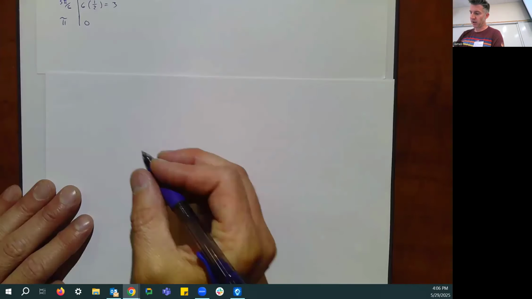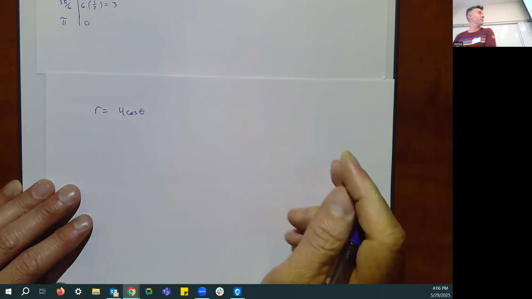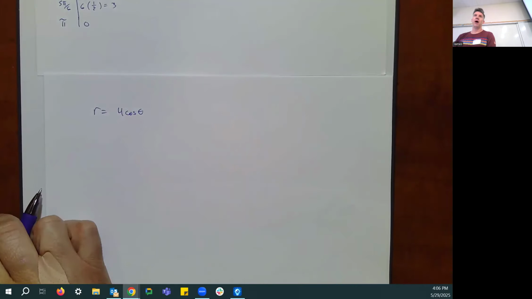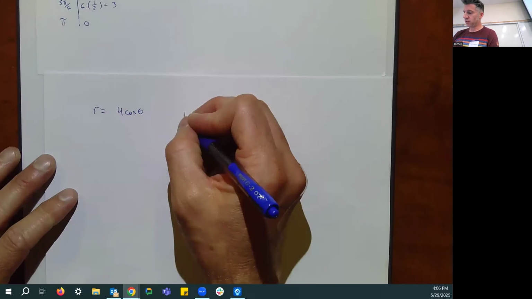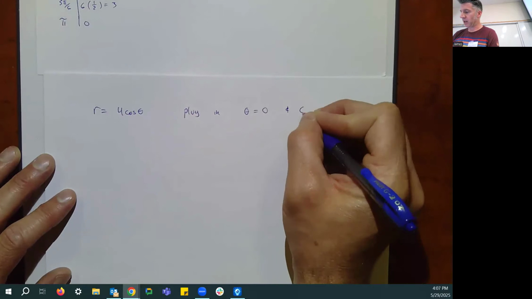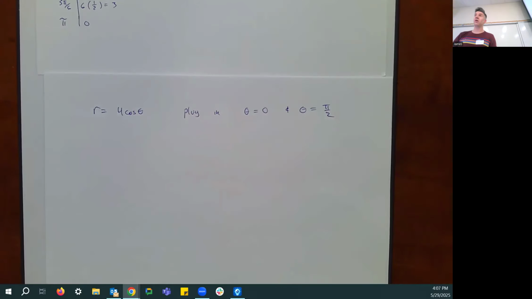If I was graphing something like r equal to 4 cosine theta, here's how I actually graph this. I'm going to plug in two values, theta equals 0 and theta equal to pi over 2. One of those is going to give me the origin, and one of those is going to give me the other point opposite of it on this diameter.